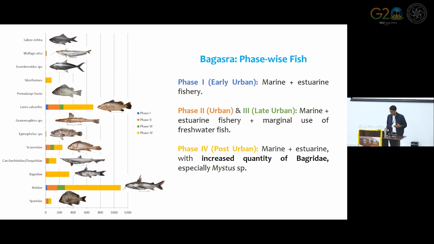Towards phase 4, that is the post-urban period, we can see marine fish along with estuarine fishery, specifically with a higher quantity of the family Bagridae, especially mystus species. This is a kind of freshwater fish that is significant. I will show you that in the next slides.